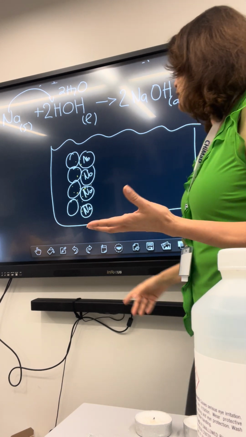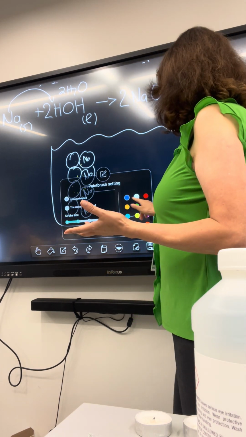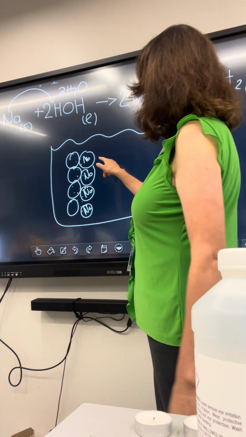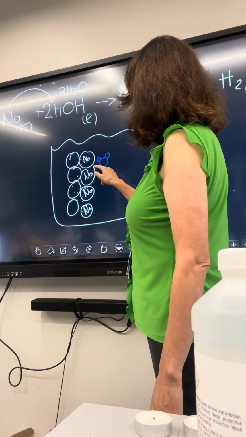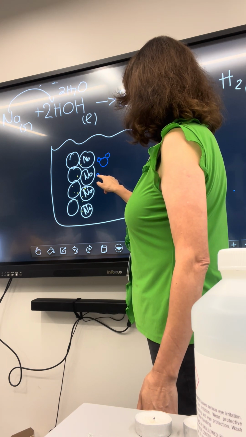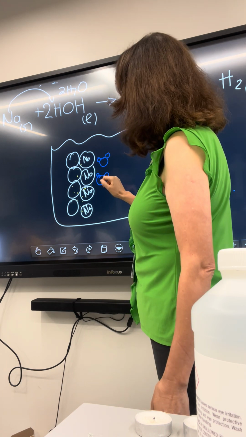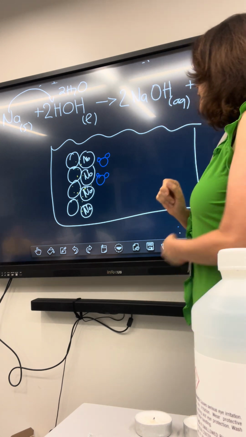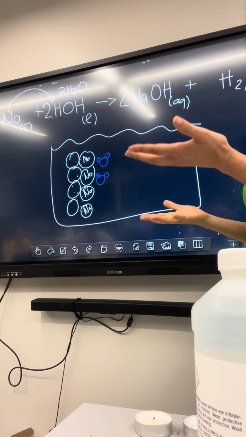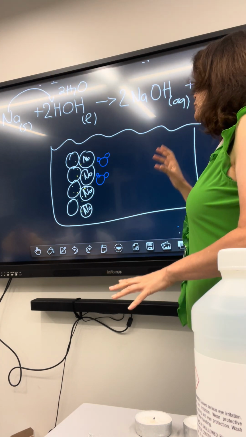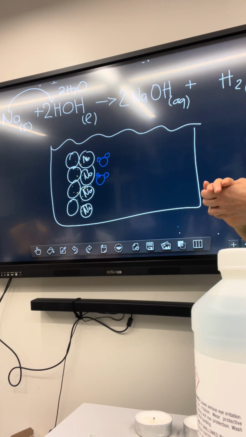And then this is the weird part, it's so reactive that what comes in contact with this is an H2O. It's water, it's literally water. It's not an ion, it's not a hydrogen, it's literally water.